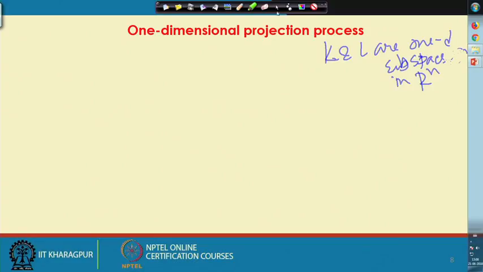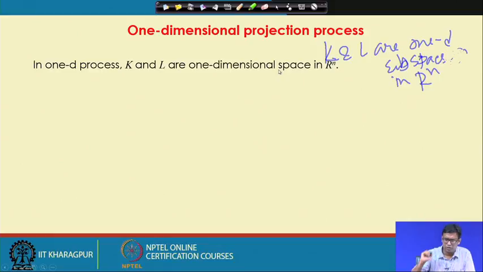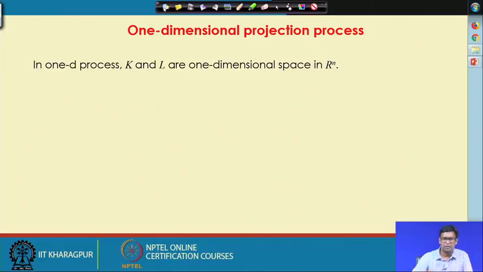They can be 1D spaces in R n with multiple components, with 2, 3, 4, n components. They are subspaces of R n, however, they are single vectors. So, K and L are one dimensional spaces in R n.